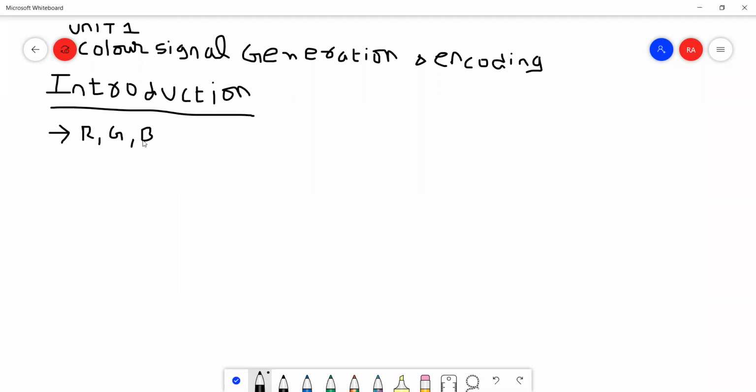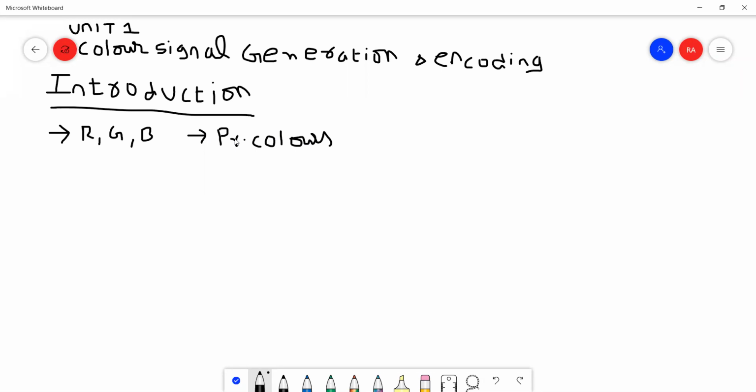Any picture information is considered in terms of these colors only. That's why RGB, red, green, blue, are called primary colors in our television engineering syllabus. For an online question, how many primary colors are available in TV engineering? You should opt for 3: red, green, blue.